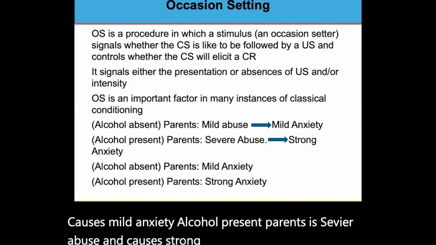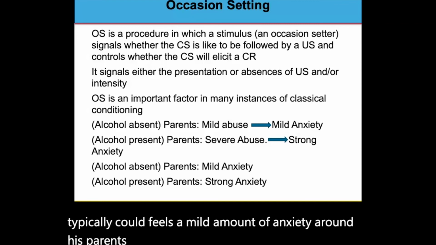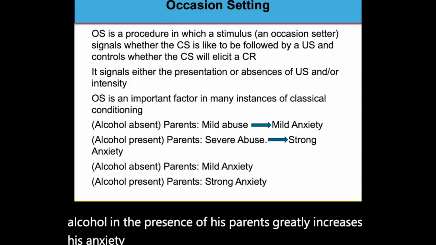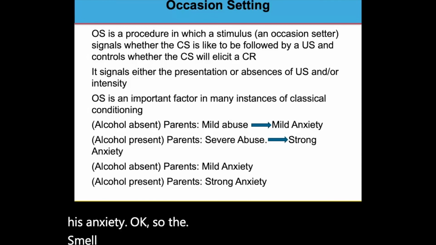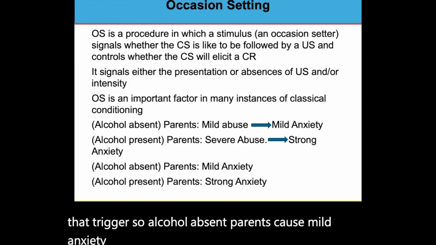Although the child typically feels a mild amount of anxiety around his parents, the sight or the smell of alcohol in the presence of his parents greatly increases his anxiety. So the smell of the alcohol is that setting, that trigger.